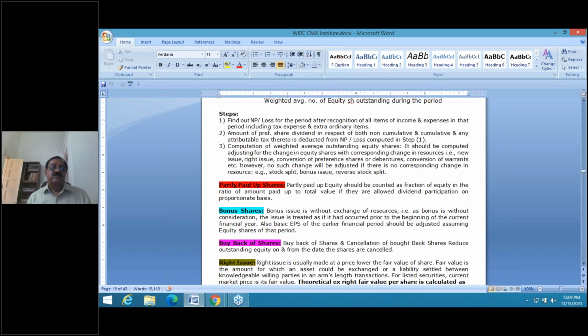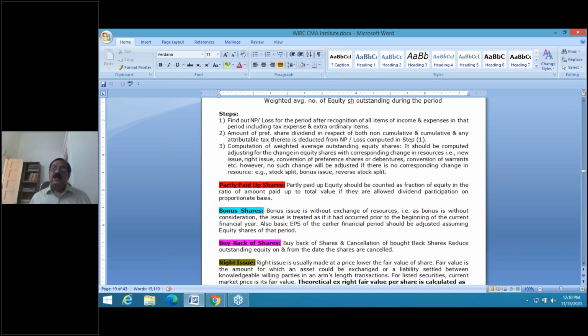Find net profit or loss for the period after recognition of all items of income and expenses of that period, including tax expense and extraordinary items. In short, you take your PAT first of all as a base, normal PAT as per your P&L account. Then the amount of preference share dividend, in respect of both non-cumulative and cumulative, and any attributable tax thereto, is to be deducted from this profit.